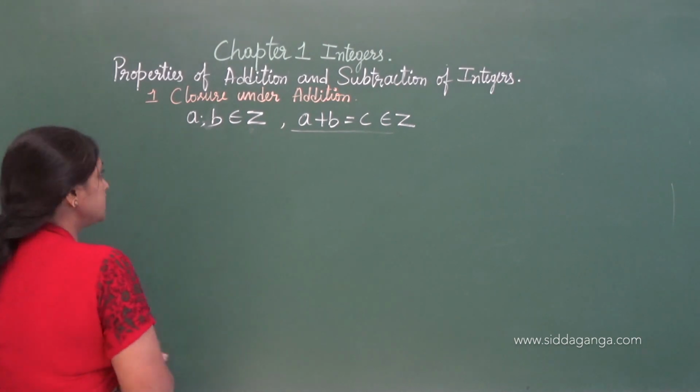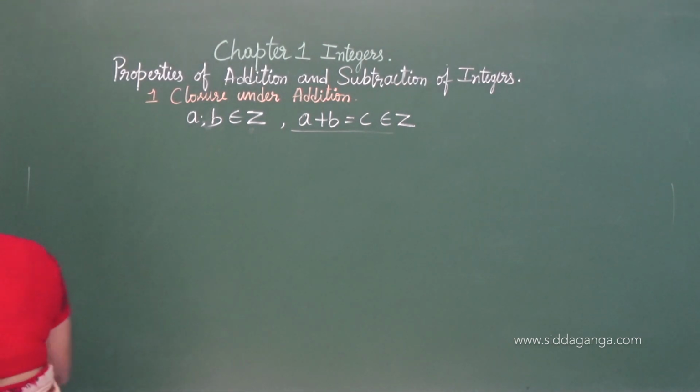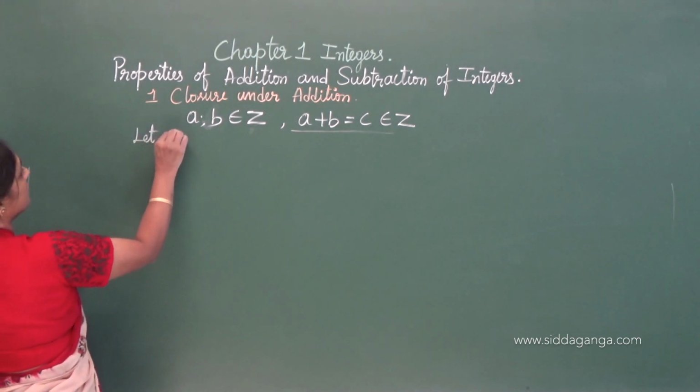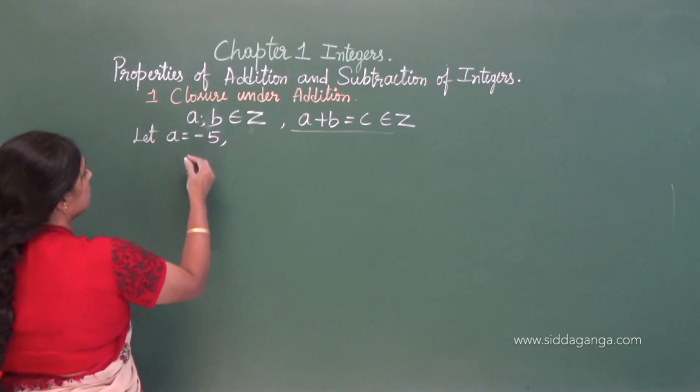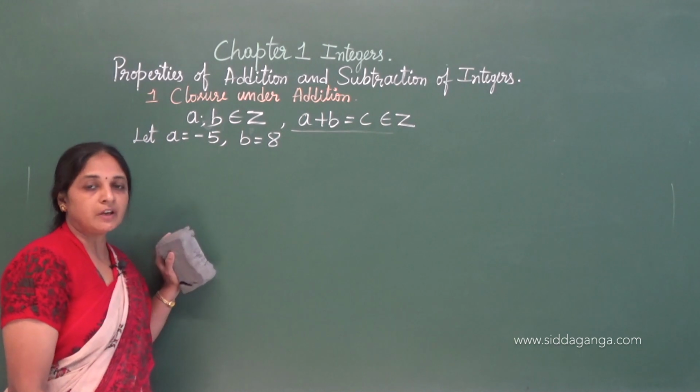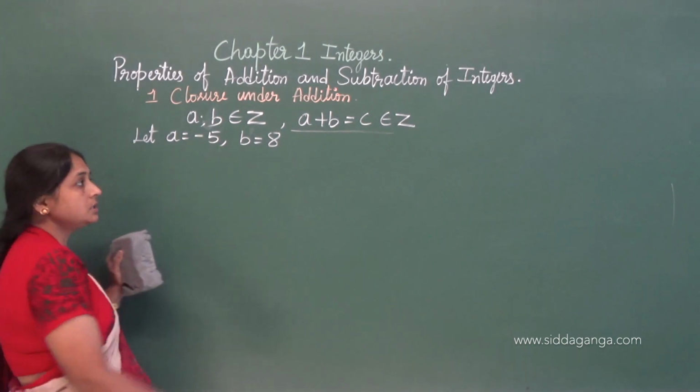Okay, let's take an example. Let a is equal to -5, b is equal to 8. -5 and 8 are integers.